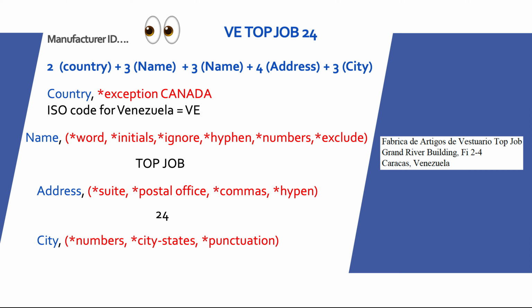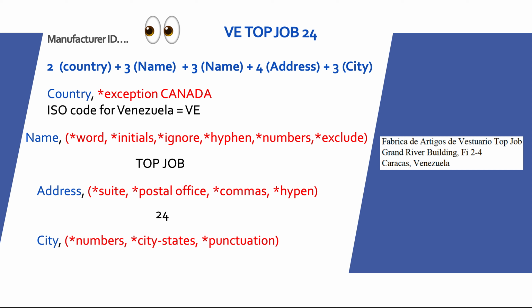For city-states, use the country name. Like Hong Kong would be HON, Singapore would be SIN, and Macau would be MAC. As a general rule, ignore all punctuation such as commas, periods, apostrophes, and ampersands. Ignore all single character initials, and ignore leading spaces in front of any name or address.